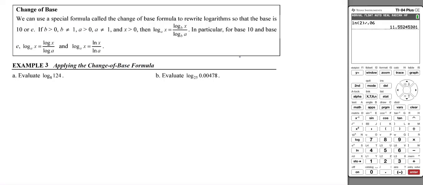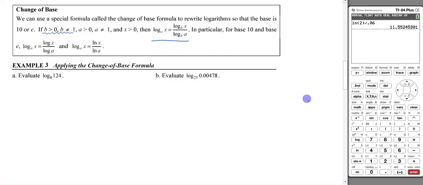If a is greater than 0 and a is not 1, and x is greater than 0, then the log base a of x is equal to the log base b of x divided by the log base b of a. You can change the base to be whatever you want. You could make it base 2, you could make it base 17, as long as it follows these constraints.